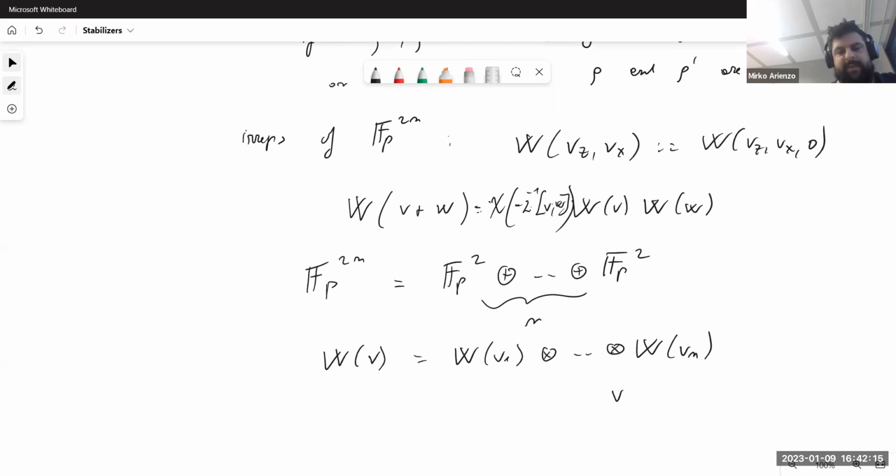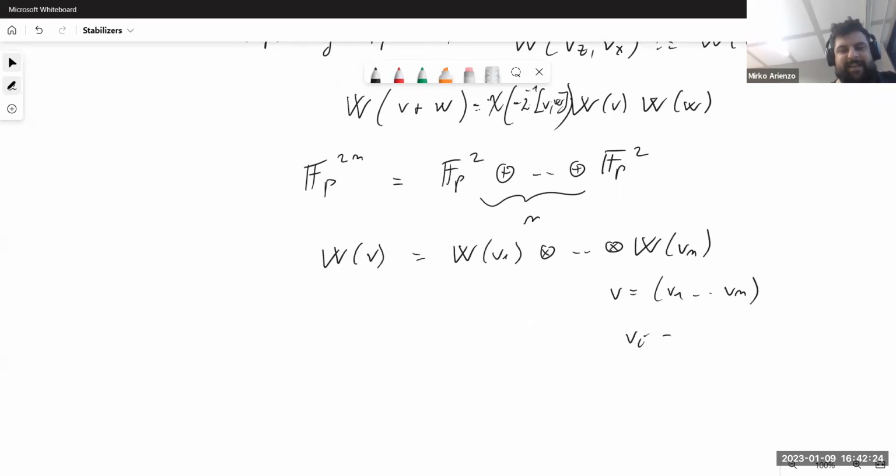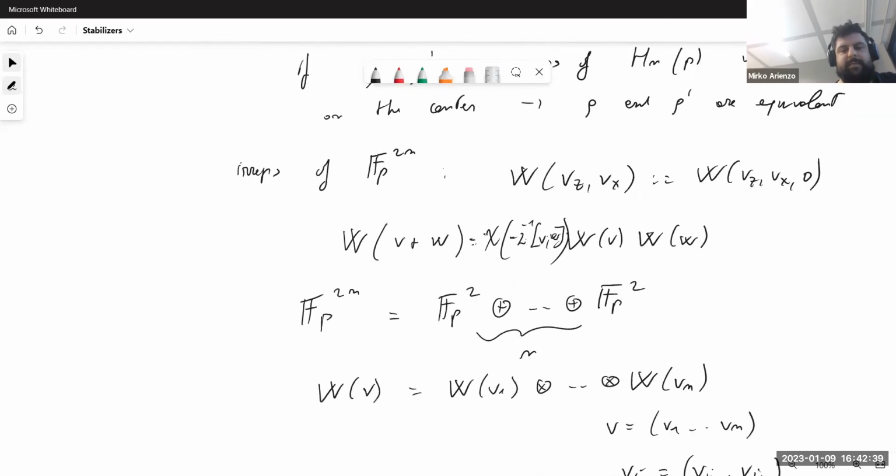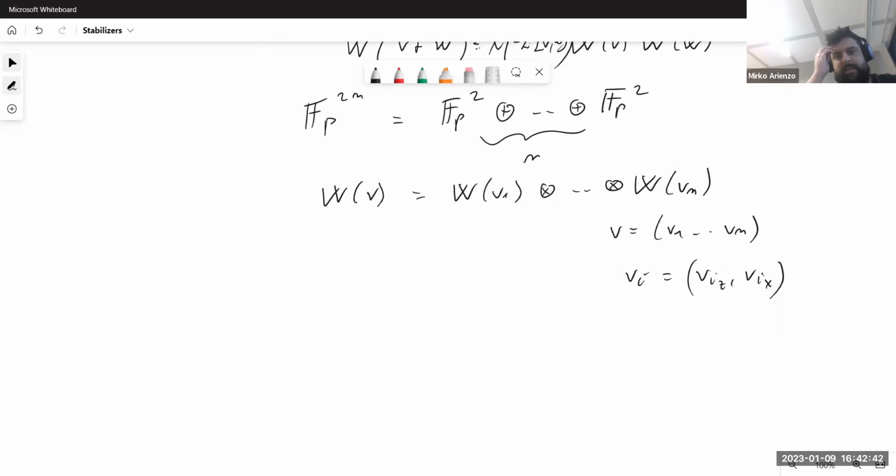To make things clear, I'm writing v as (v_1, ..., v_n), but here v_i is just (v_iz, v_ix), so we have 2n coordinates. And that was basically the first thing that we looked at for the Heisenberg group.